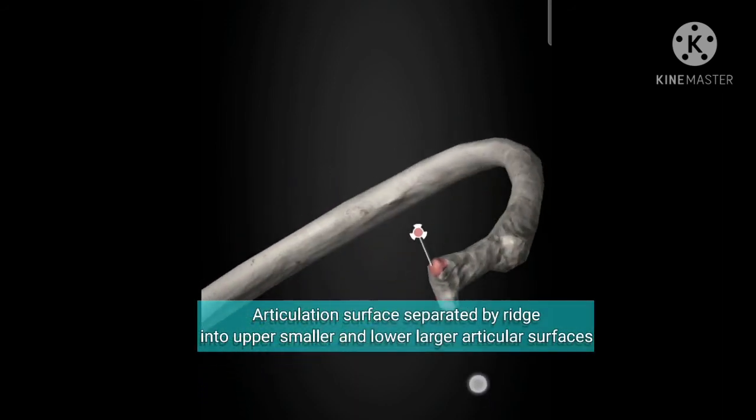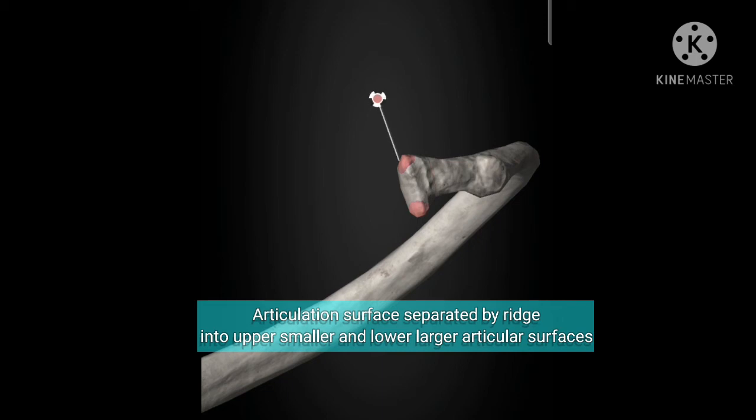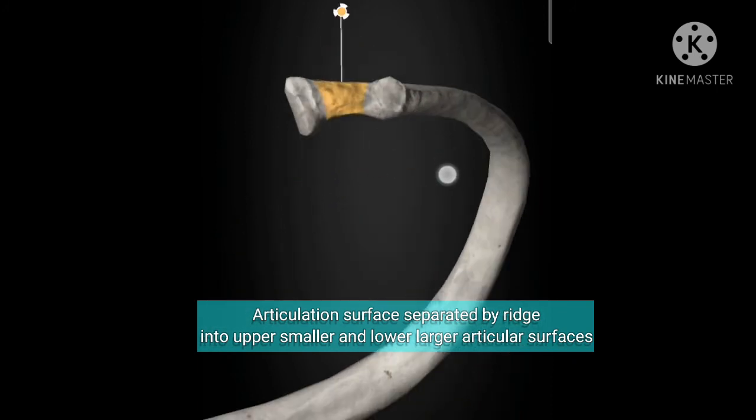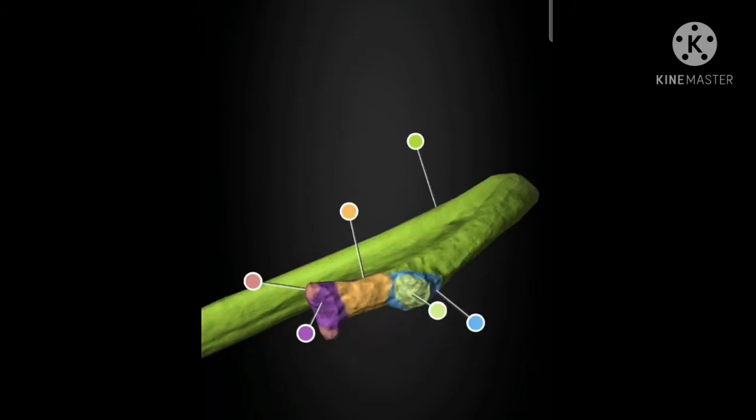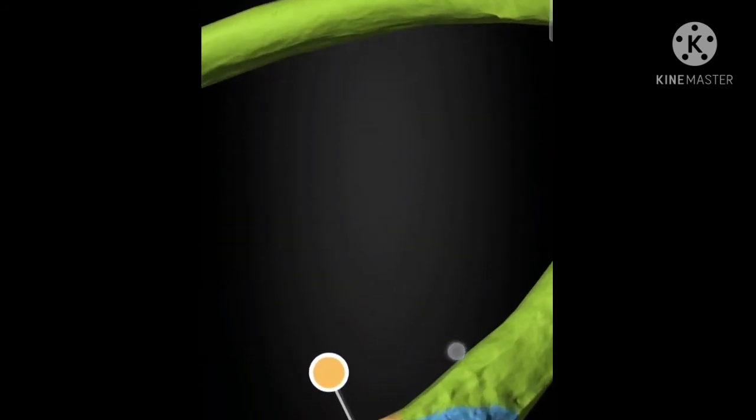These are the articular surfaces of the head. Further, this is the neck. The neck is the constricted area present between the head and the tubercle, and it has an upper border, a rough elevated area.